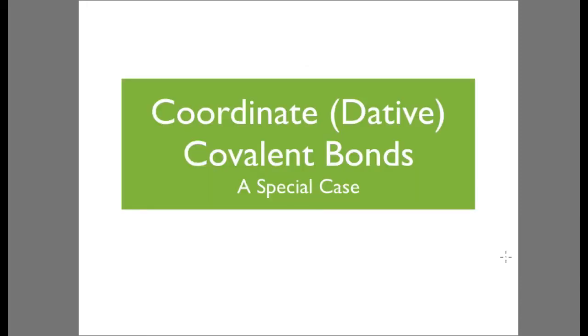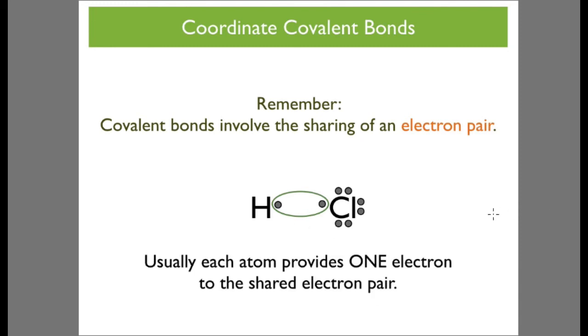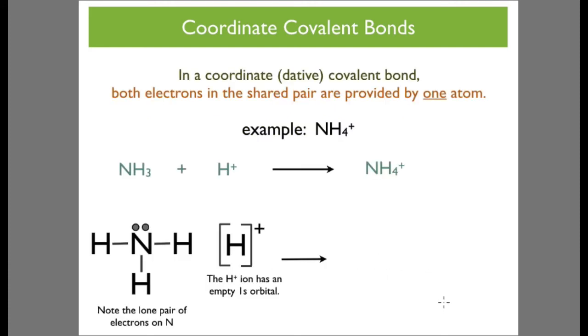Okay, let's now take a look at coordinate or dative covalent bonds. Remember, covalent bonds involve the sharing of an electron pair. Sharing is caring. Usually each atom provides 1 electron to the shared electron pair. In a coordinate or dative covalent bond, both electrons in the shared pair are provided by 1 atom.